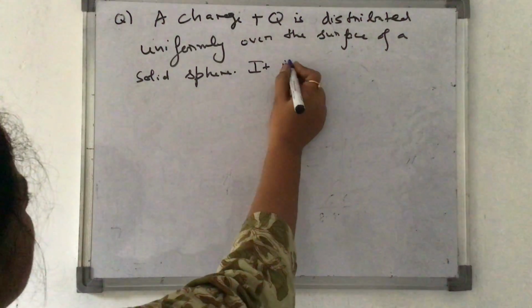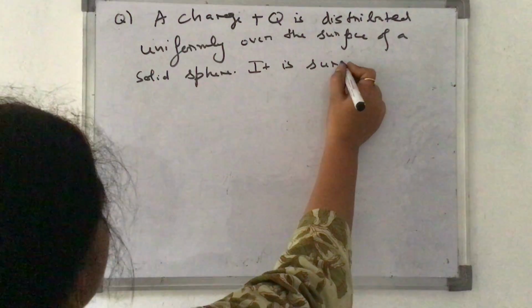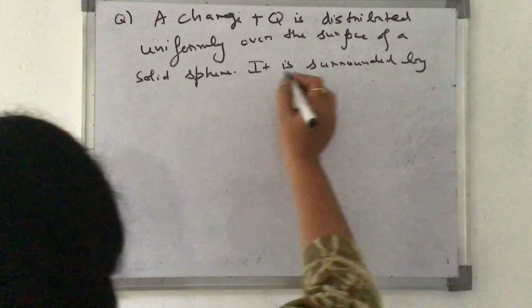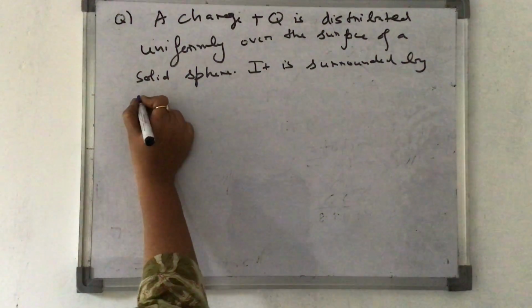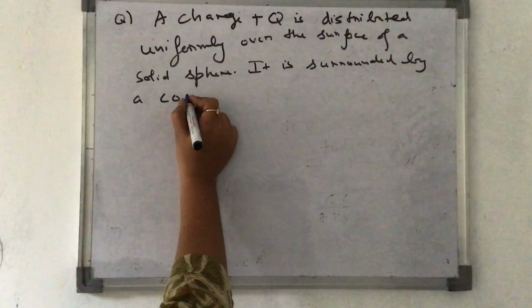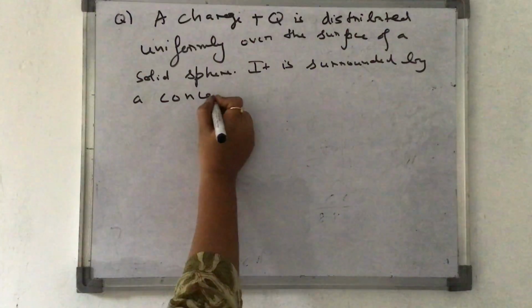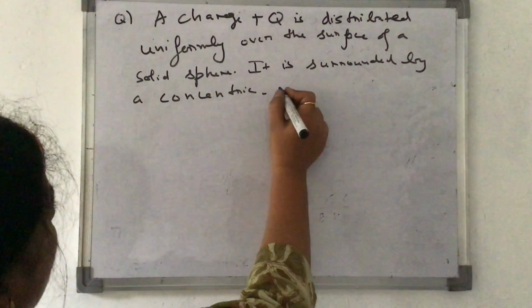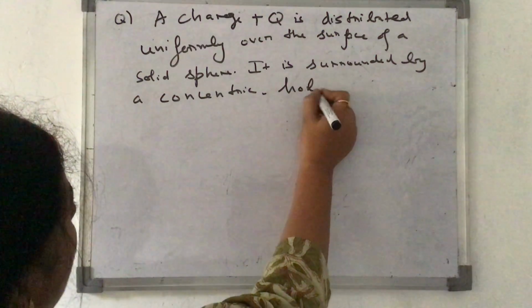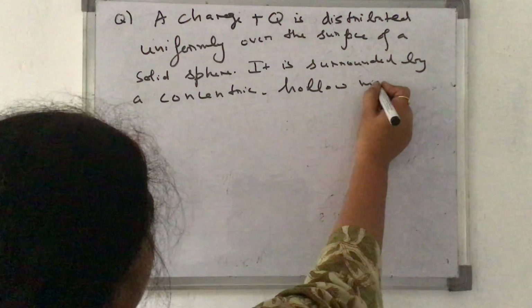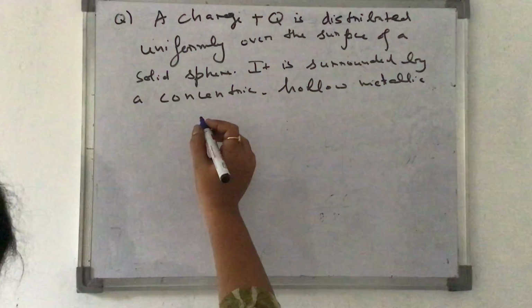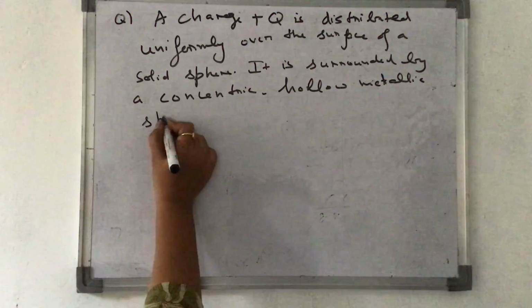It is surrounded by a concentric, means having the same center, hollow metallic sphere.